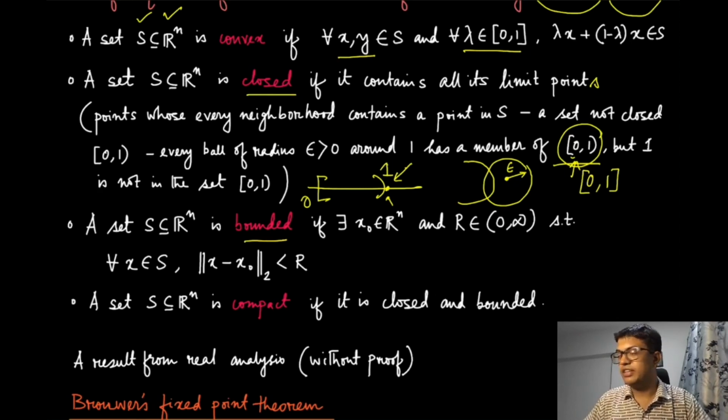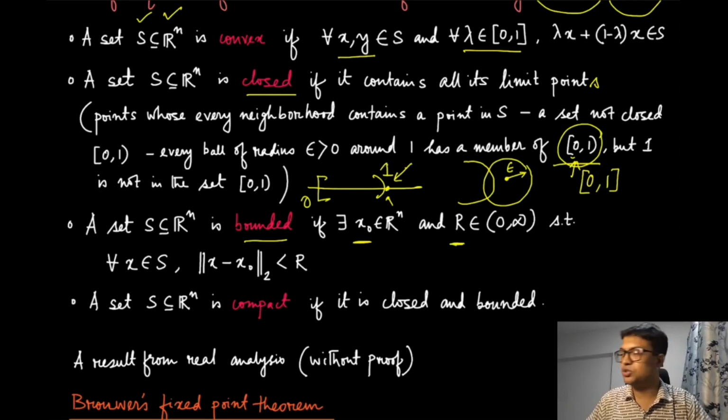Boundedness is very simple. We already know by the term itself what a bounded set is. So what does it say formally? We will say a set S to be bounded if there exists some point x naught in R to the n. Notice that this x naught need not be inside this set S, and some finite r.